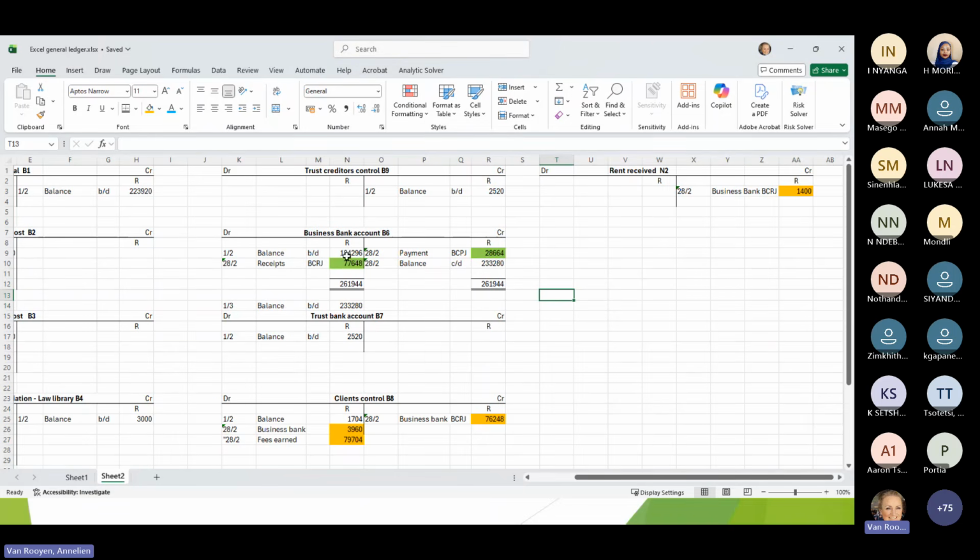You find the largest side, in this case, this one. You put in the largest total at the bottom. You minus whatever you have on the small side, and the missing amount is the balance carried down at the end of the month.